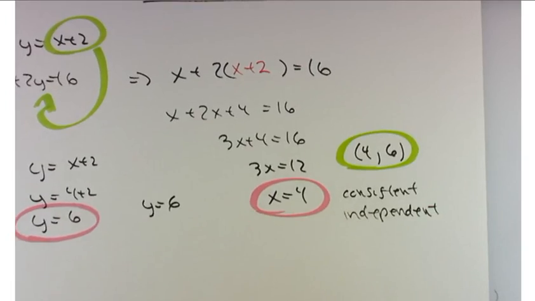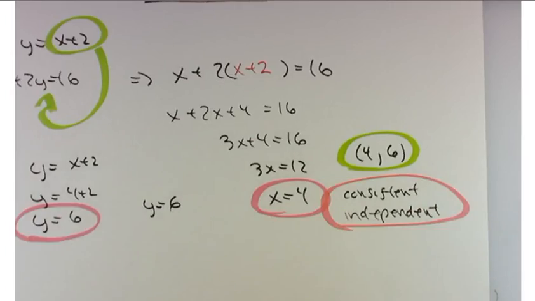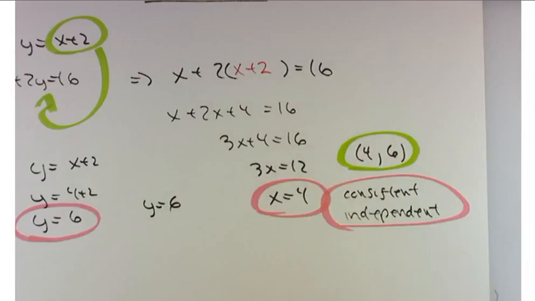Well, there's probably going to be one question where I ask you to show me that you understand the difference between consistent and inconsistent, dependent and independent. So this is vocabulary that I want you to know, but no, I'm not going to ask you to write that in every question. Most of it is just going to be solve if you can.